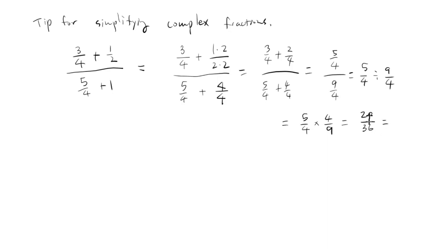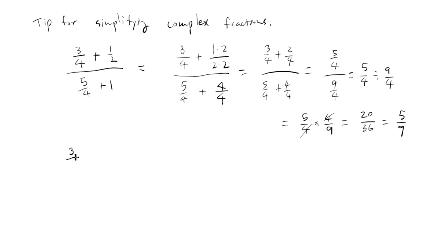So if you divide top and bottom by 4, you end up with 5 over 9. Or you could have done it an even simpler way by looking at 4 and 4 and being able to cancel. If you did that, you would get 5 over 9 immediately, right? Okay, but that's the long way.